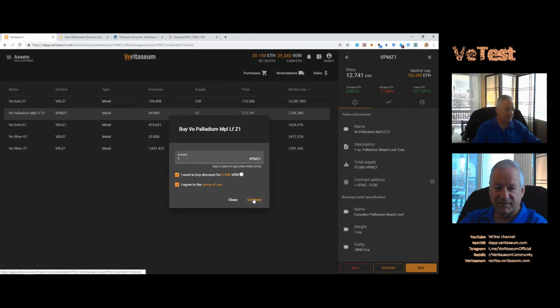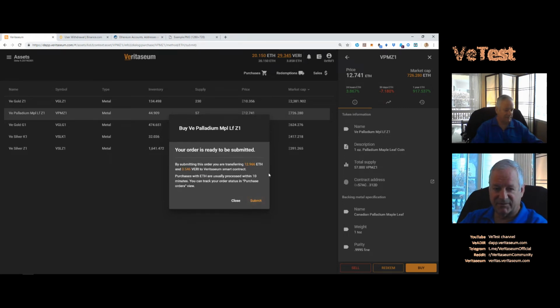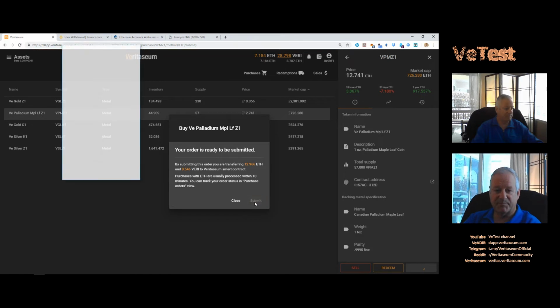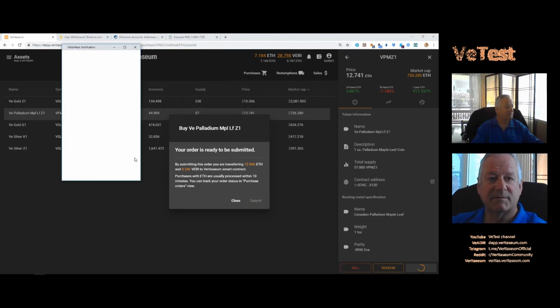And hit continue. Okay, it's given us the warning. 12.966 ETH and 0.546 Veri to get the discount. And we submit. Brings up our MetaMask notification.